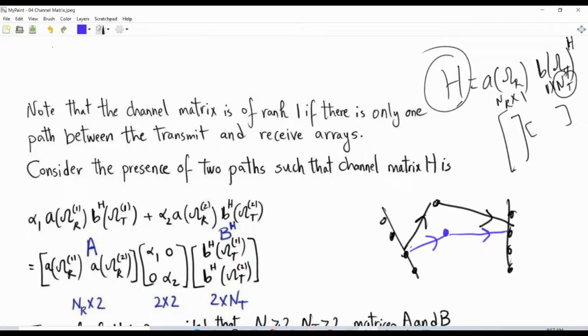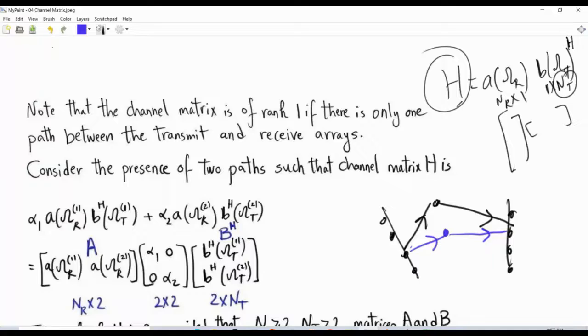But in the case that you have multiple scatterers, and under the assumption I mentioned during the first lecture, we take the wireless channel to be a linear system, so you can apply the principle of superposition.